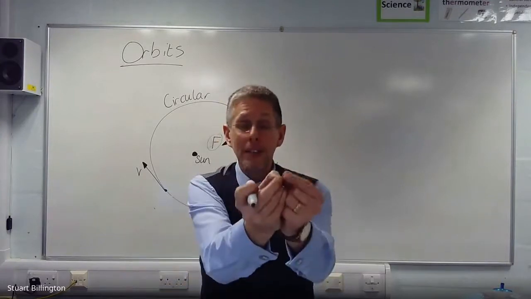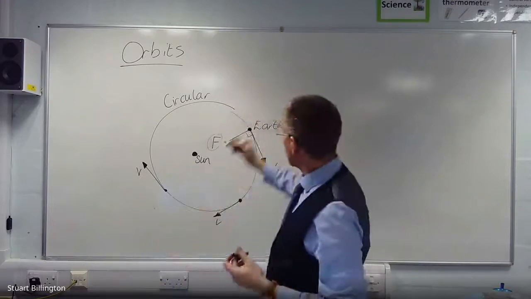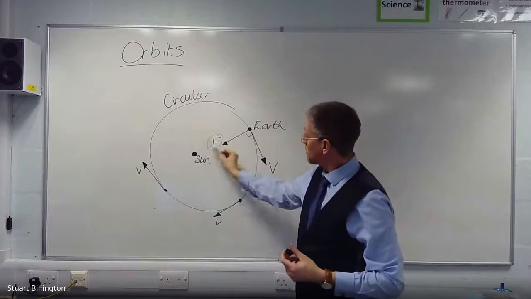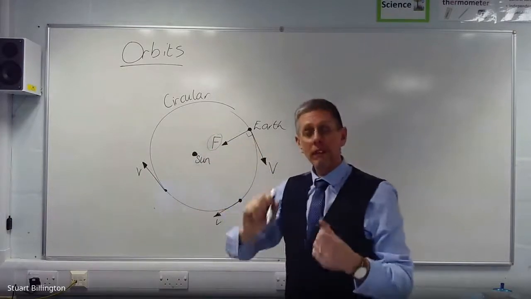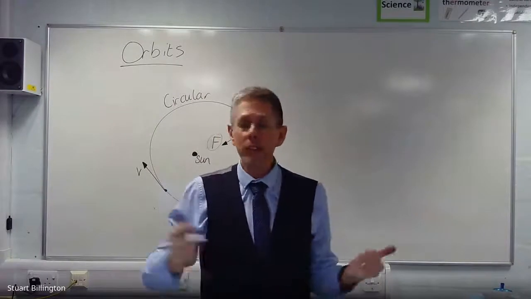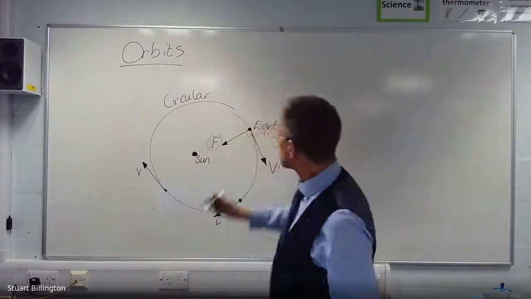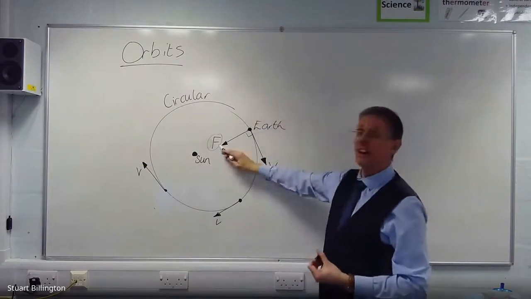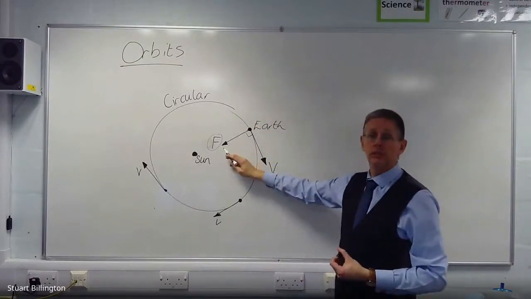It's at that point in space. If you place a mass there and a mass there, and there's the difference between them, gravity is a force that depends upon separation and the two masses, nothing to do with the speed. So at this point in space here, there is a certain force.